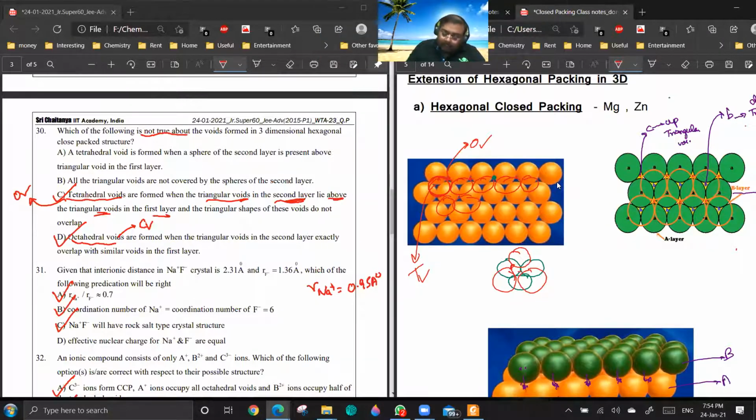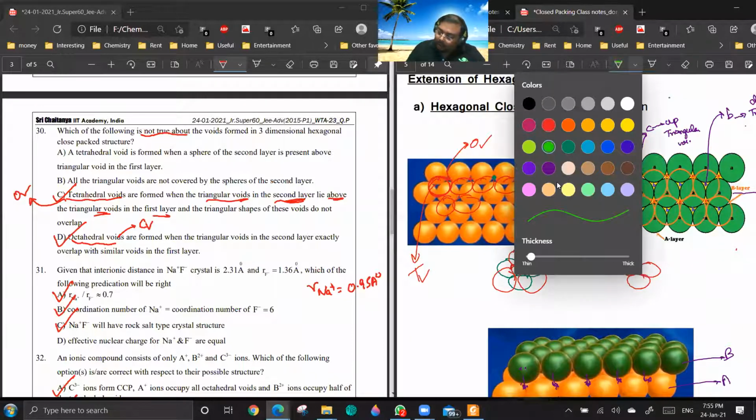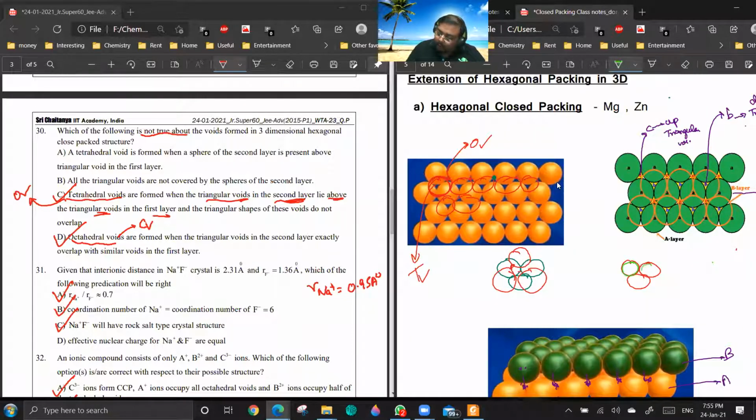Yes. And third is that octahedral voids are found when triangular voids of the second layer exactly overlap with the similar voids of the first layer. Now you see, suppose I am having this as the bottom layer, and I am exactly putting one, one, and one. Then the triangular voids of the green layer are exactly on top of the triangular voids of the red one.